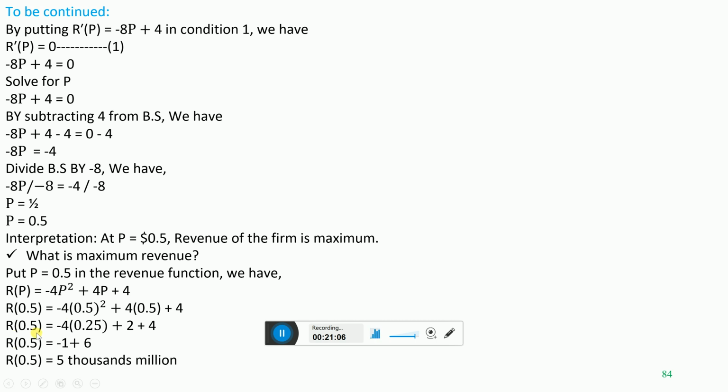So R of 0.5 is equal to minus 4 multiplied by 0.25, because 0.5 raised to the power 2 is equal to 0.25, plus 4 times 0.5, plus 4.